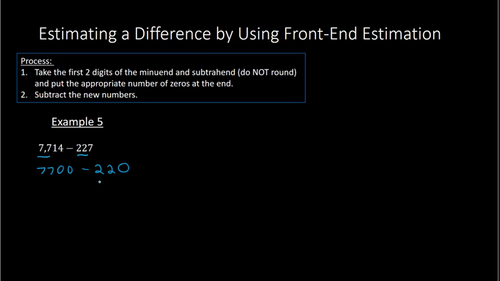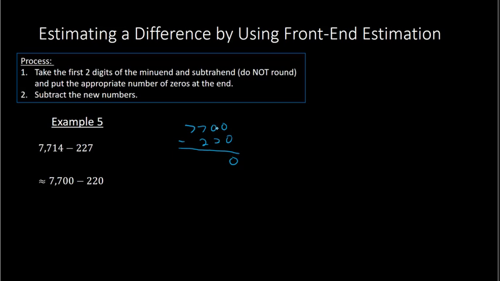So from here, we can then subtract. So I take 7,700 minus 220. When I subtract, just make sure everything is lined up correctly. So we subtract the ones place, so the zeros subtract.